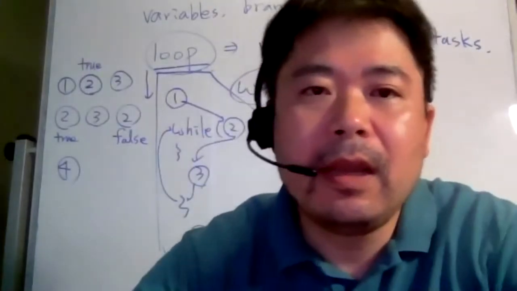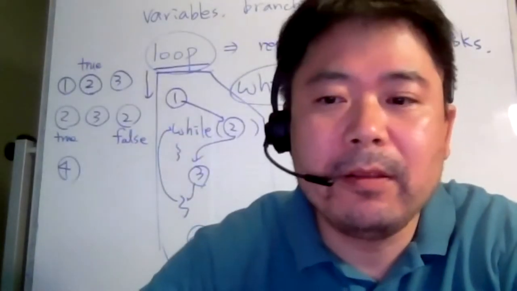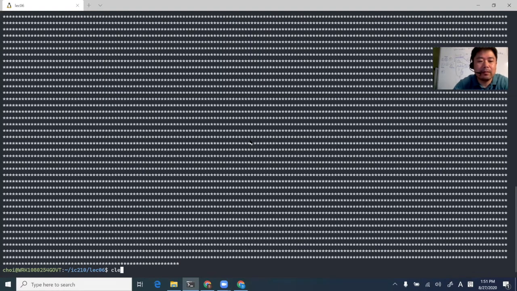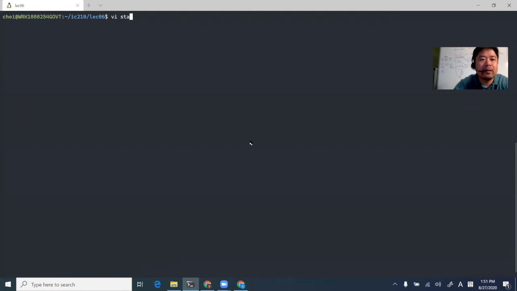Now let's think about how to use the while loop to write this code, stars.c. You have to start with include IC210.h, and then the main function.